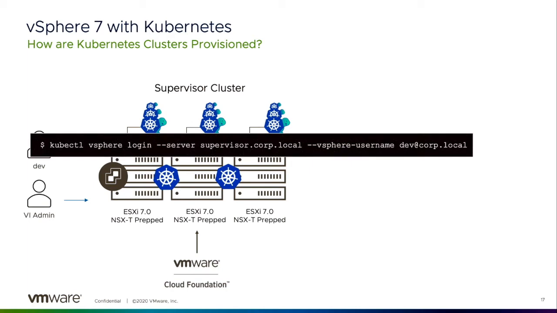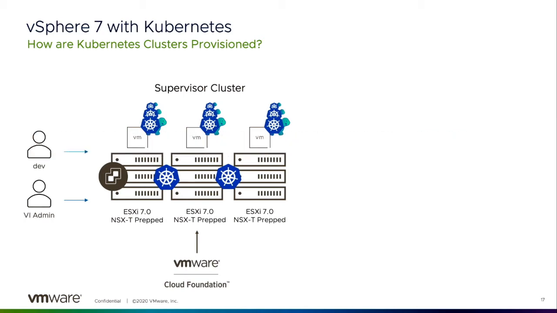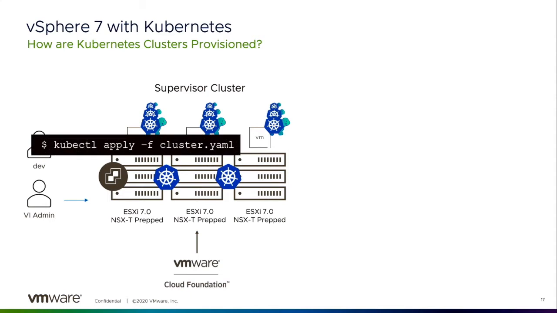So the developer who already uses tools like kubectl to interact with their Kubernetes environment will use the vSphere plugin to use vSphere SSO credentials to log in and authenticate against the supervisor cluster. This will allow them to then use the kubectl command to apply or create a Kubernetes cluster by using a YAML file that defines the configuration of the cluster: the number of worker nodes, the number of control plane nodes, the vCPU and memory configuration.